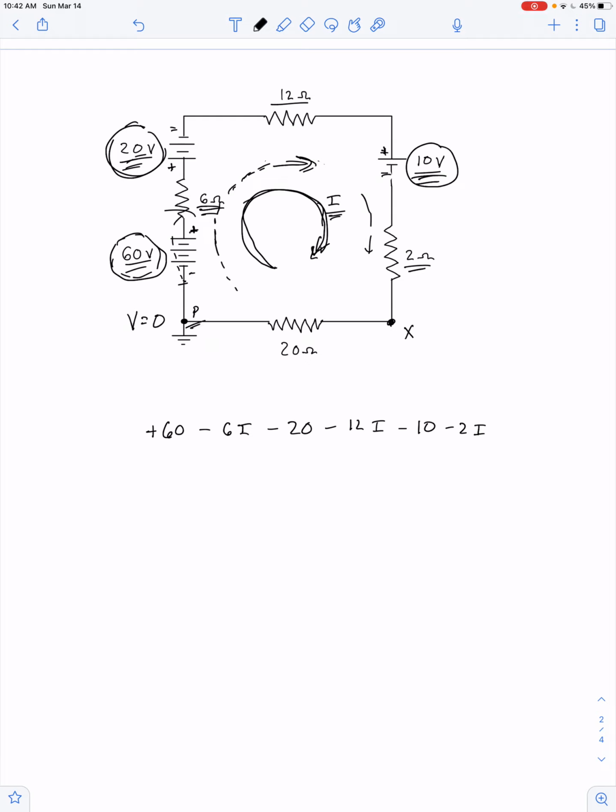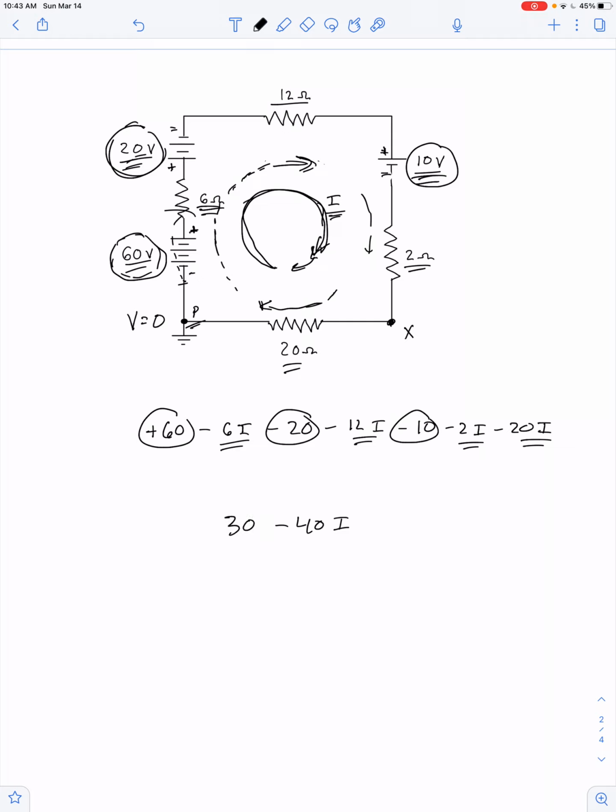So the last thing we encounter is a 20 ohm resistor. We're also tracing in the direction that the current is flowing, so this is minus 20I. So we can combine like terms, minus 6I, minus 12I, minus 2I, and minus 20I. So that sounds like minus 40I. And we have 60, minus 20, minus 10. It sounds like 30.